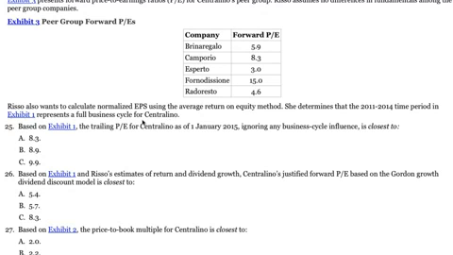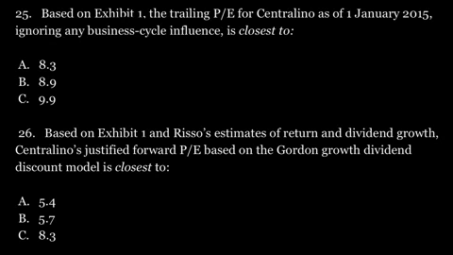All right, let's go to the problems and see what they are. All right, 25. Based on Exhibit 1, the trailing PE for Centralino as of January 1st, 2015, ignoring any business cycle influences, is closest to. So your eyes should be looking at Exhibit 1 right now. We're looking for the trailing PE, so we're looking for P over E naught. And we were told what P was.